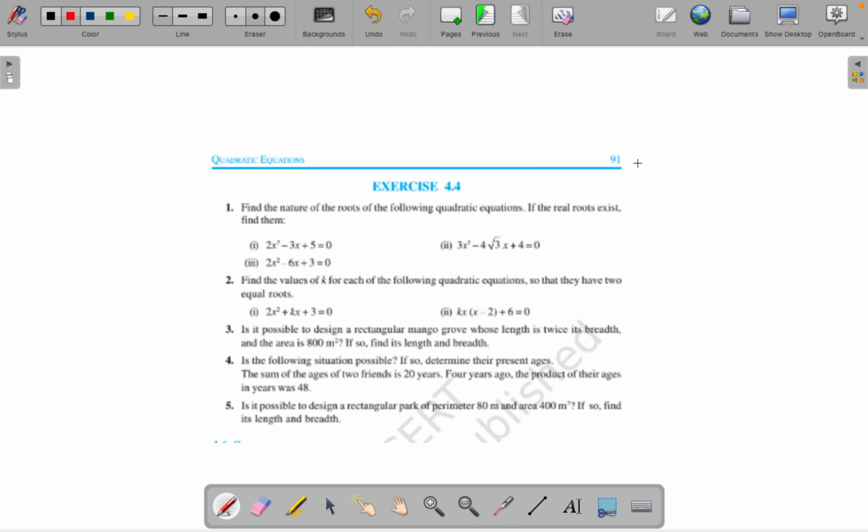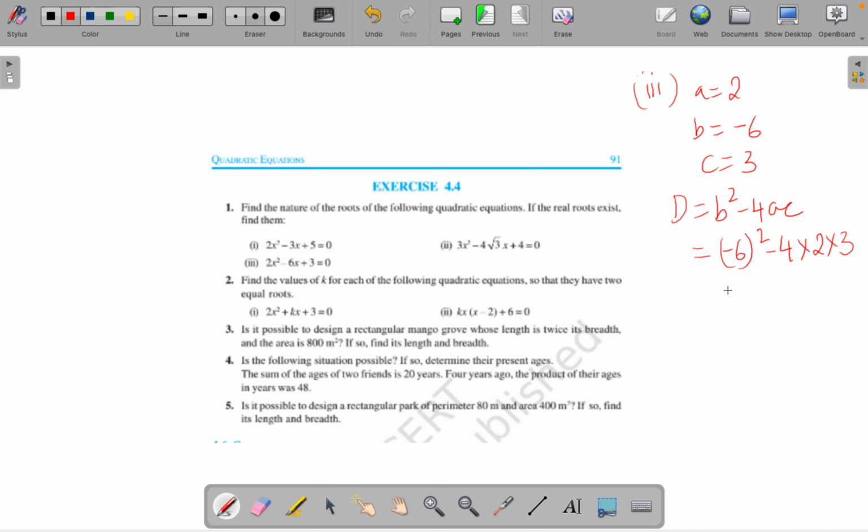Similarly, if we talk about question number 3, part 3, children, again A is 2, B is -6 and C is 3. Again, let's find out D, which is b square minus 4AC, which is (-6) whole square minus 4 into A into C. Again, let's find it out. 6 square is 36, minus 4 2s are 8 and 8 3s are 24, right children?